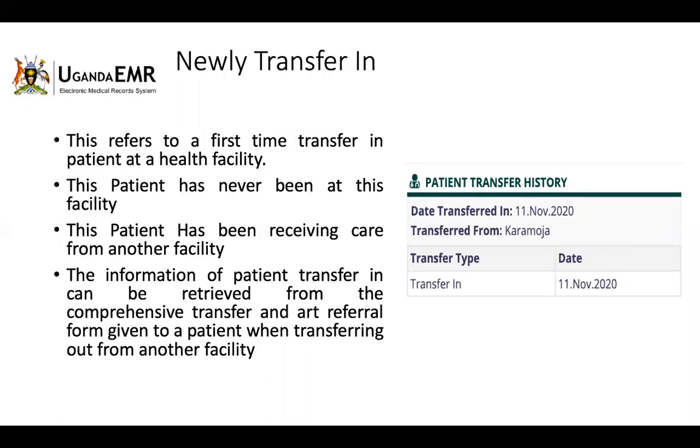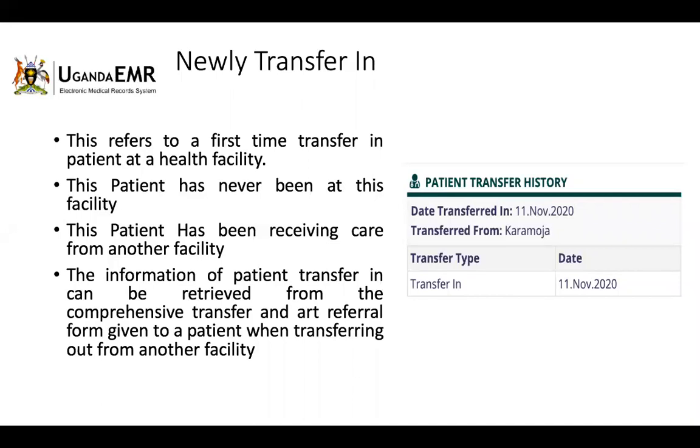What does this mean? It refers to a first time transfer in patient at a facility. This patient has never been at this facility; you've never registered them here, but you are transferring them in for the first time.